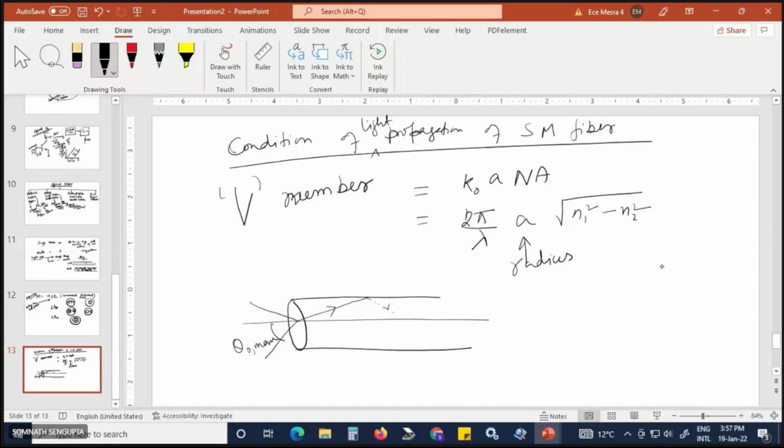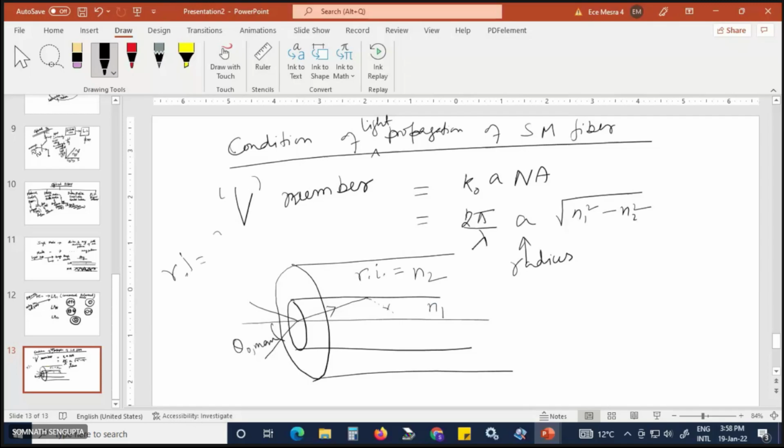So what is the fiber structure? Let us discuss. Fiber structure is made from core and cladding. This is refractive index N1, this is N2. What is refractive index?